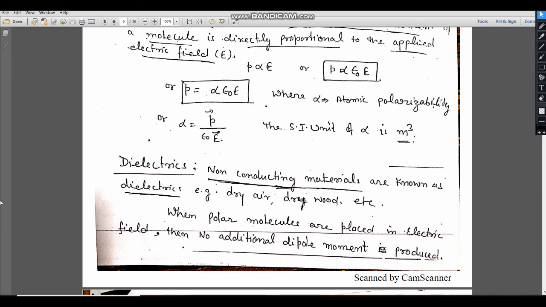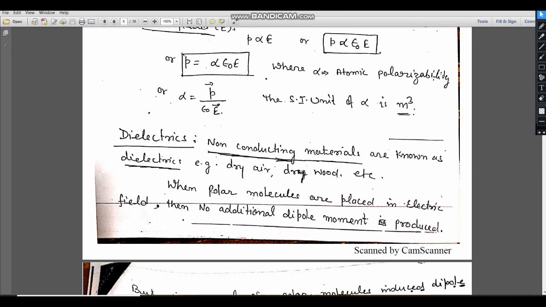But at the class 12 level, we just consider dielectrics to be non-conducting materials, like dry air and dry wood. The distinction between semiconducting and insulating materials is explained on the basis of the forbidden energy gap. Later, in the unit on semiconductors, we will discuss again what is meant by dielectrics. But here non-conducting materials are the dielectrics.